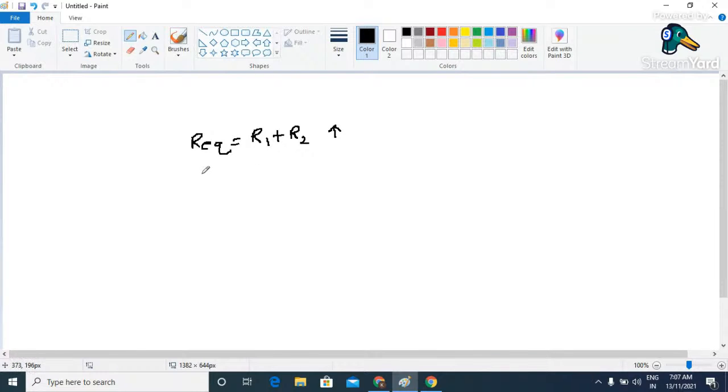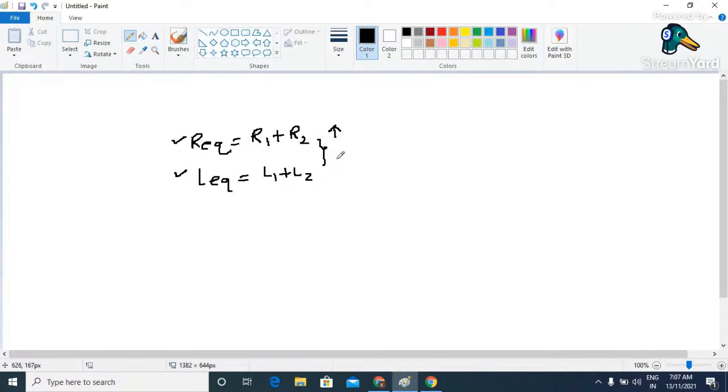In the same way, when we have two inductors connected in series configuration, the effective inductance is going to be the addition of individual inductances. Here I am considering that there is no mutual inductance between these two inductors. So when two resistors or two inductors are connected in series, the effective resistance or inductance is going to be increased.